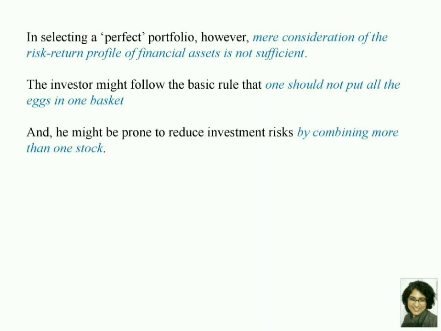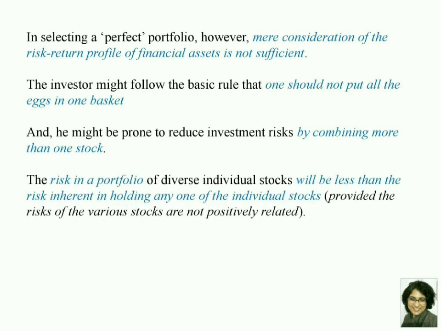Therefore, we can reduce the investment risk by combining more than one stock or more than one asset. The risk in a portfolio of diversified individual stocks will be less than the risk inherent in holding any one of the individual stocks. So here we are assuming that the risks of the various stocks are not positively correlated.